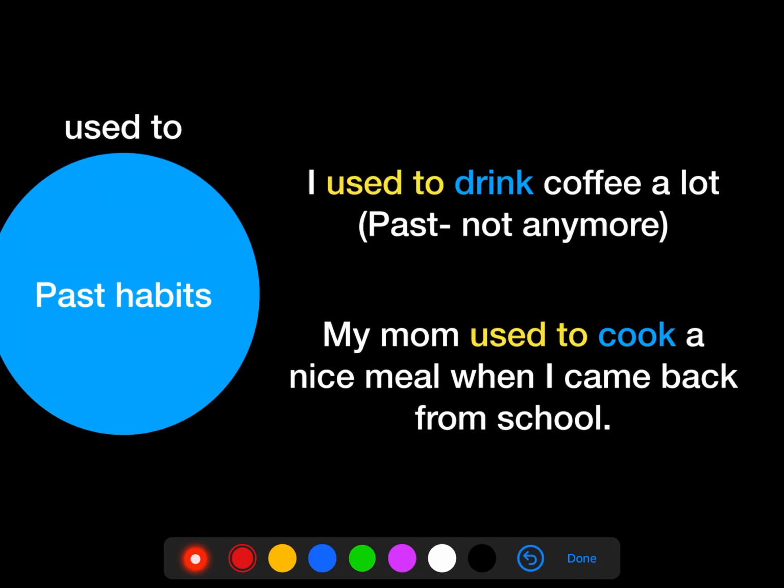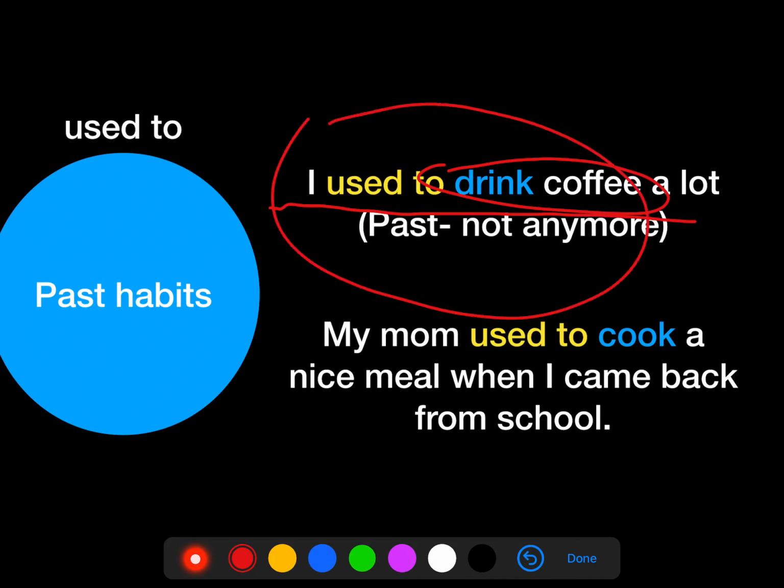Let's have a look at the examples. Used to can be used when you want to describe past habits, as I just said before. As an example, number 1, I used to drink coffee a lot. Does this person drink coffee in the present? No, it's the past, not anymore.